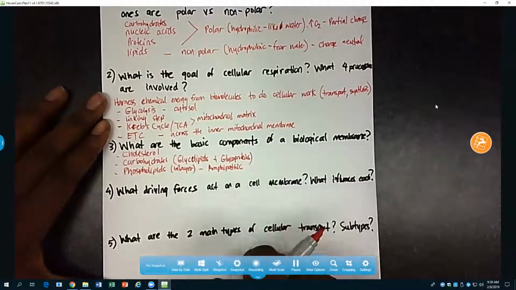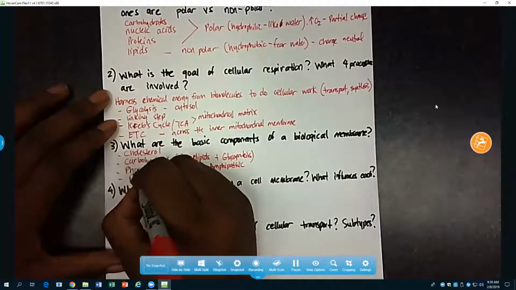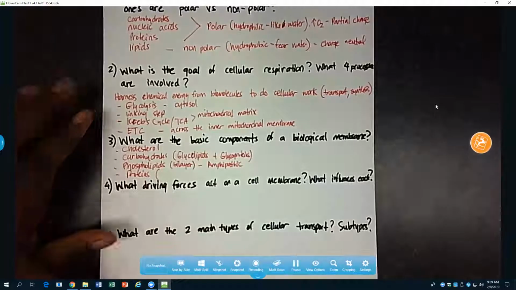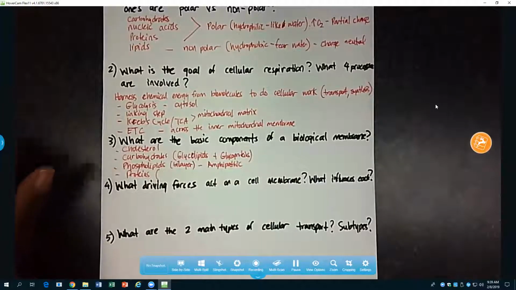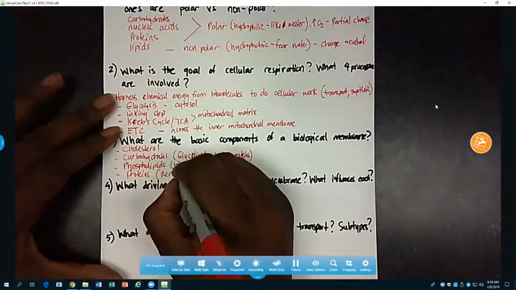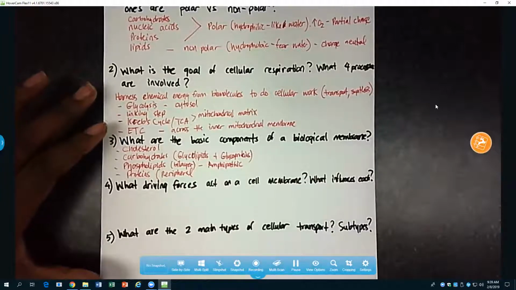Very important components. I think I'm hearing it. Proteins, perfect. So we had proteins, and we spoke about two types of proteins, two general categories. Those were peripheral. And peripheral proteins were on one side of the plasma membrane, correct?